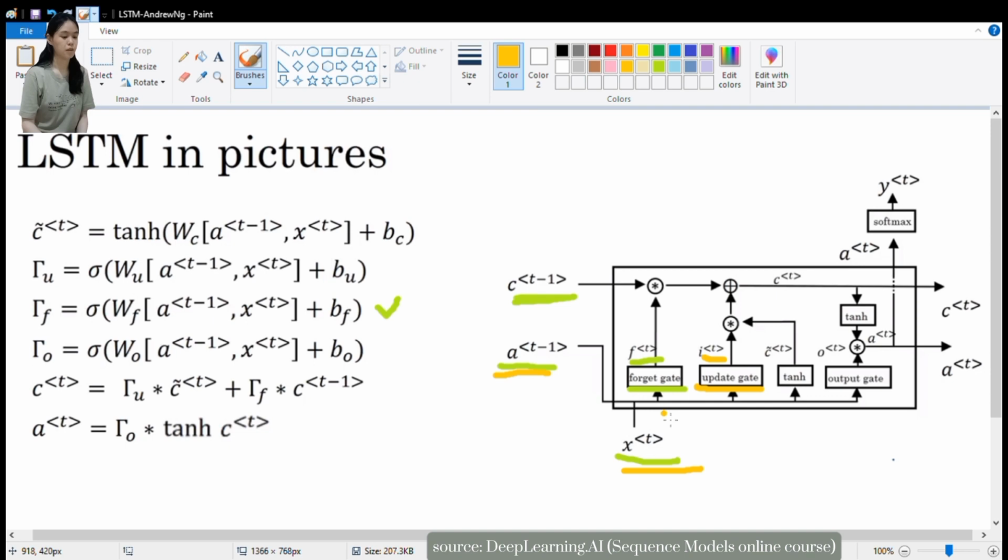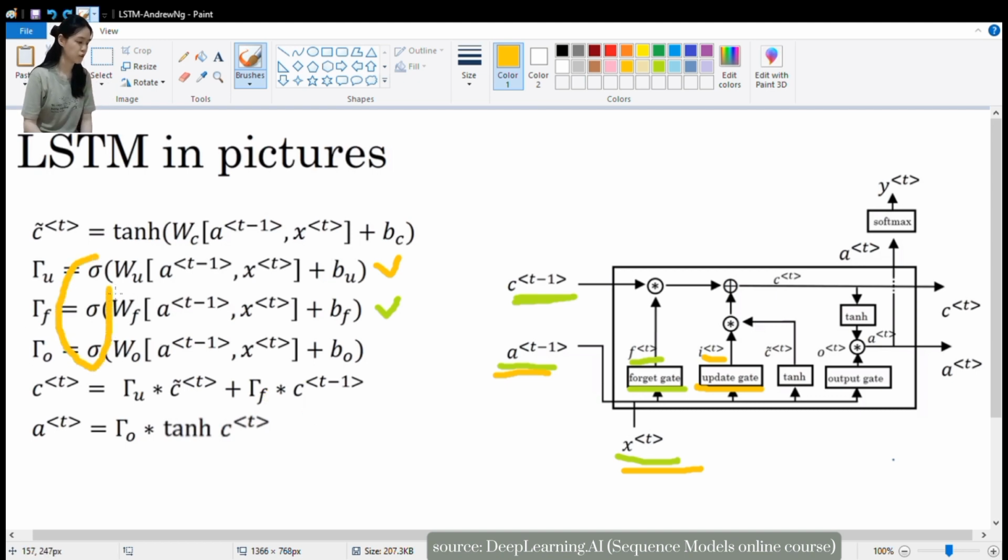And the calculation of the update constant is done in the update gate. It's here. So the function here, if you look at this, it's quite similar, really similar, in fact. It's just a difference in the name of it.